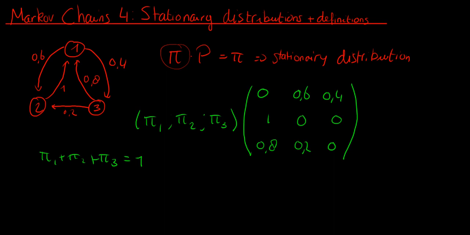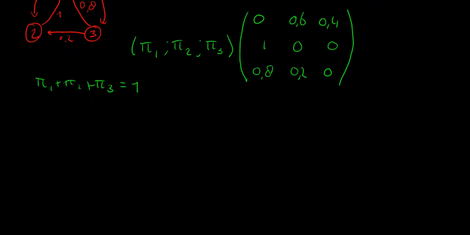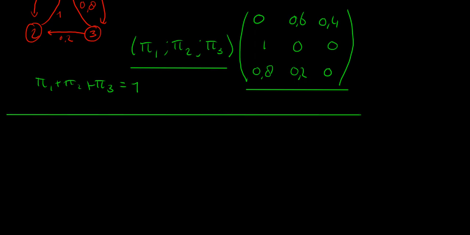With this information, we can actually recreate our initial distribution. Let's do that. So if we multiply this initial distribution with our transition matrix, we get the following.